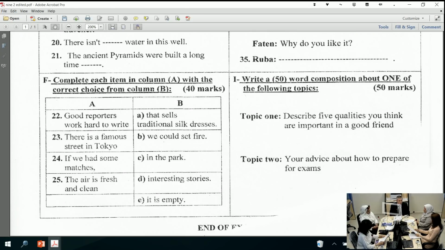Now complete each item in column A with the correct choice from column B. Here we have A and B. For example, number 22 is going to match with, for example, D. I have a note here: the student can write either the letter or the whole clause.